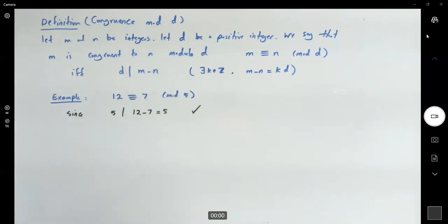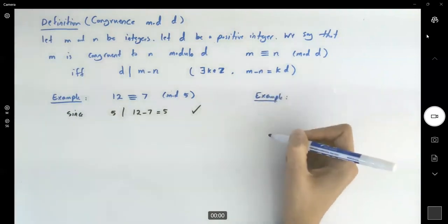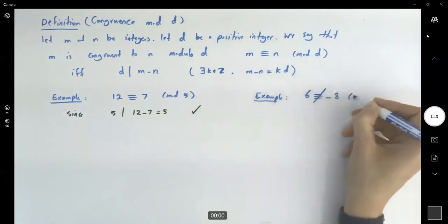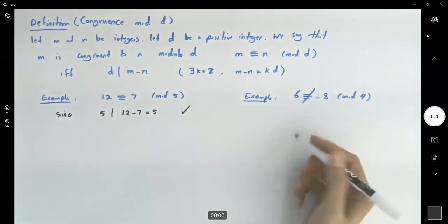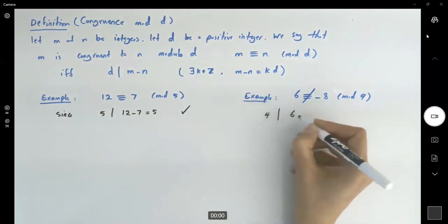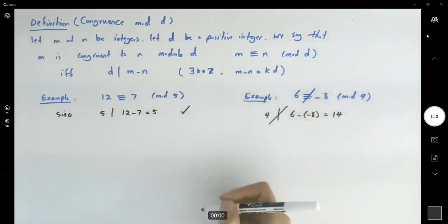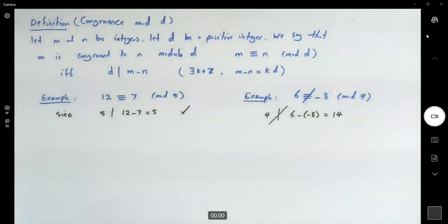Another example for you. 6 is not congruent to -8 mod 4. Let's check to see if it satisfies the definition or not. 4 doesn't divide 6 minus -8, which is 14. That's obvious. 4 is not a factor of 14. Very good.